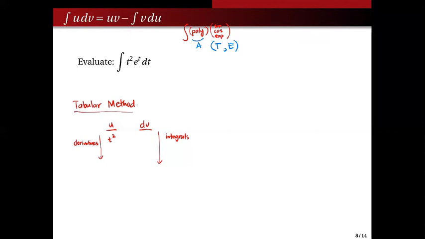Differentiate, you have 2t. Differentiate again, you have 2. Differentiate again, you have 0. Of course, for the dv, you either have trigonometric or exponential. In this case, we have e to the t.